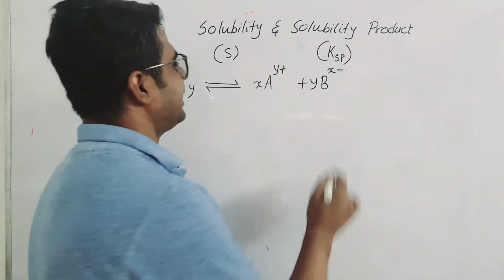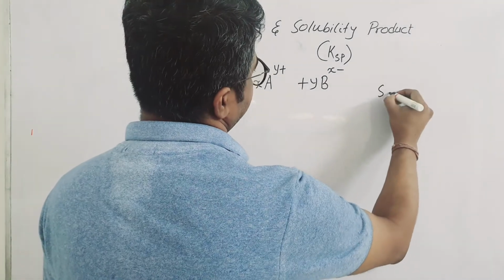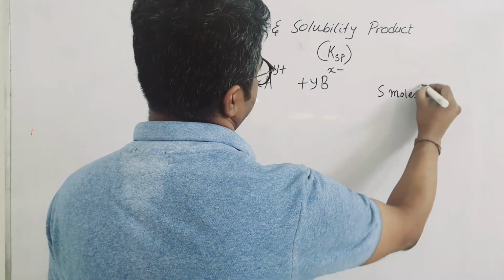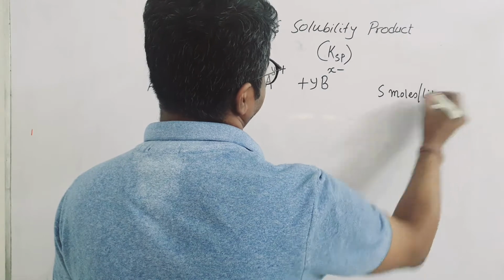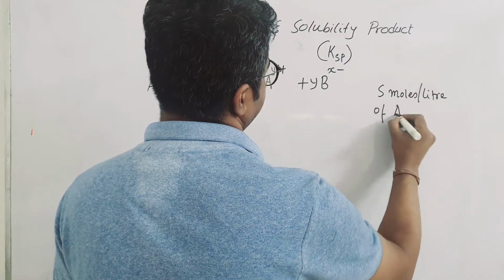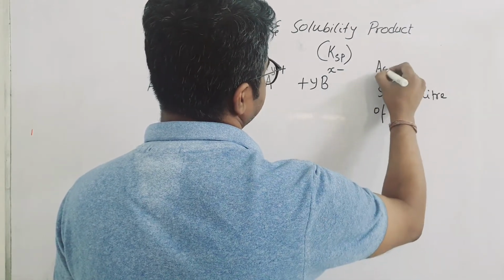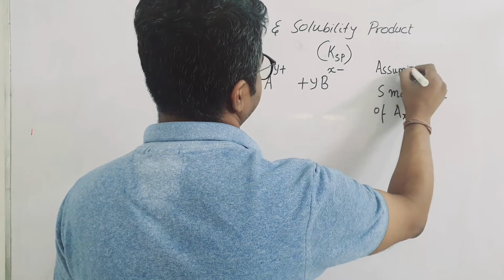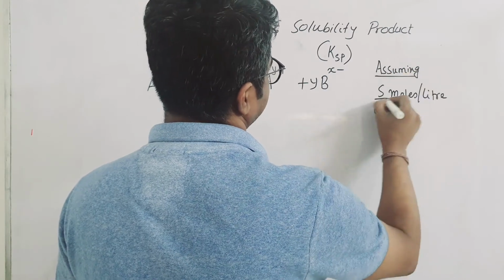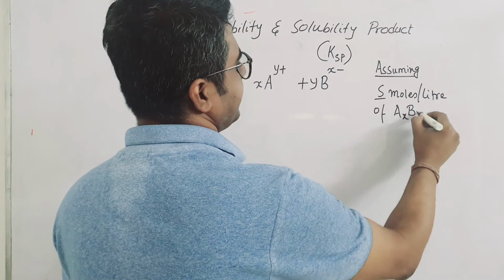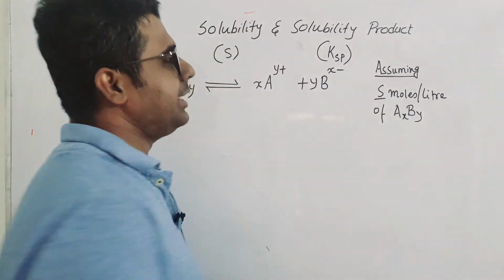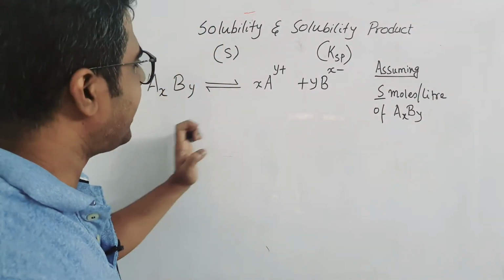So a little part has dissociated means that part has been soluble in water. So let us take that part. So S moles per liter of AxBy. So we are assuming this, right? We are assuming this value S. Okay? S moles per liter of AxBy has dissociated.